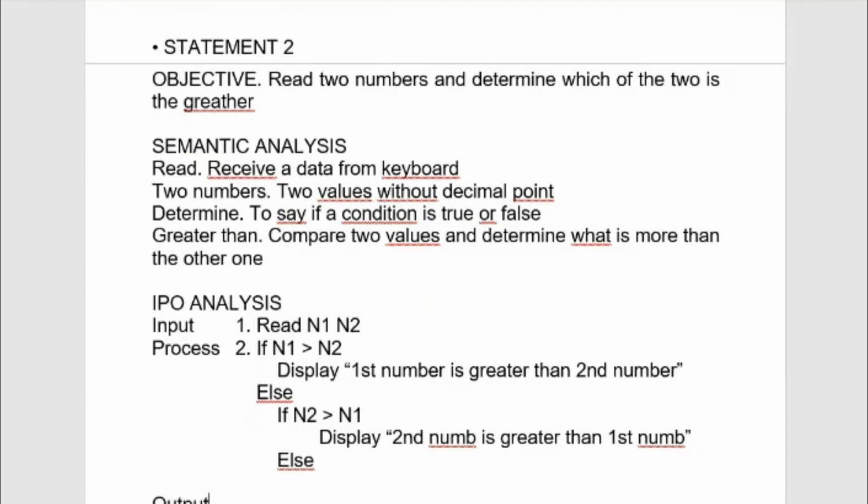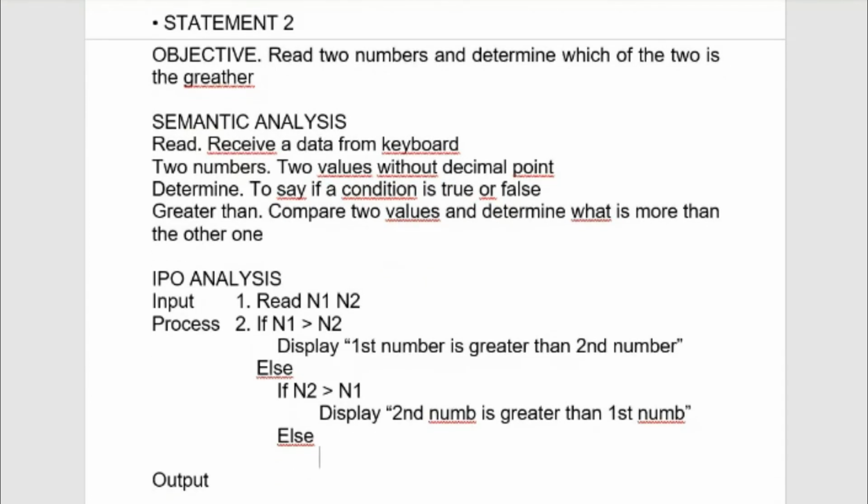Well, very easy. What about if both numbers are equal? So you have to write display both numbers are equal. Okay? Then you have to specify this is the end of the inner if and this is the end of the other if.